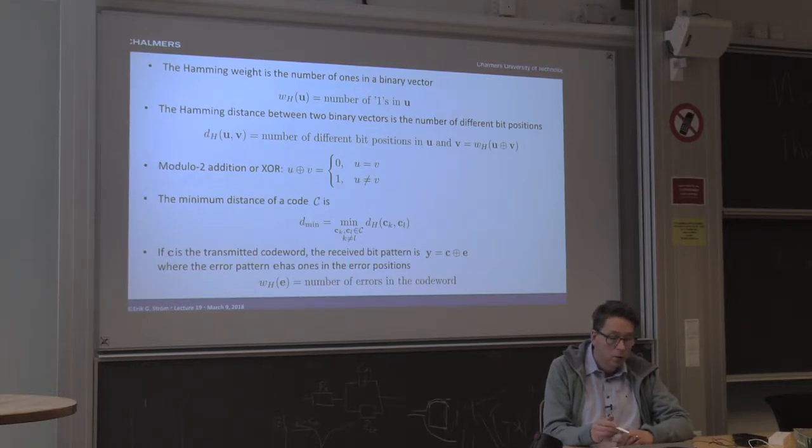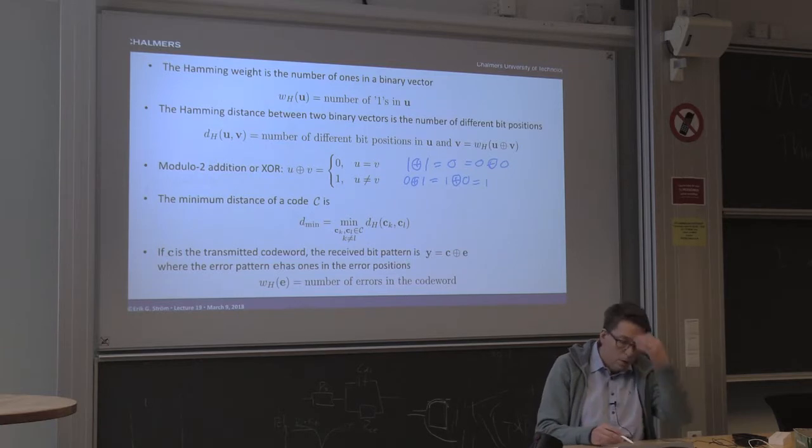Which means, for instance, that 1 plus 1 is equal to 0, 0 plus 0 is equal to 0, and 0 plus 1 is equal to 1 plus 0, which is equal to 1.